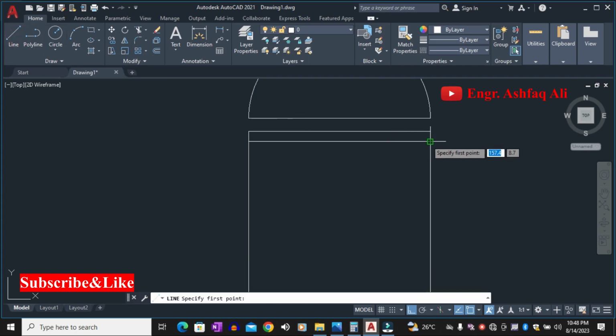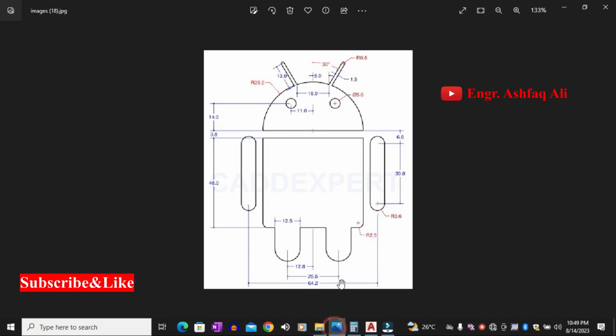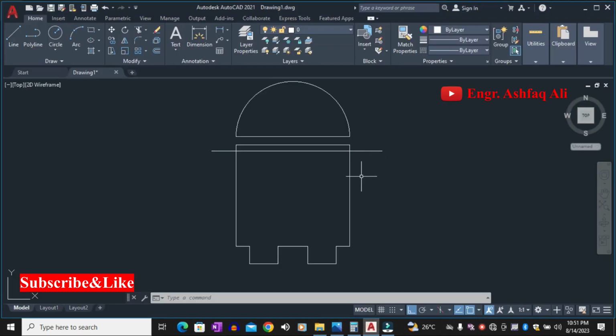I will select the line and extend this line to the outside of the figure, targeting those reference points to draw the small two figures on the right and left. From the above it is 6.6, and from the right side or left side when I measured, the whole dimension is 64.2 and the figure dimension is 50.